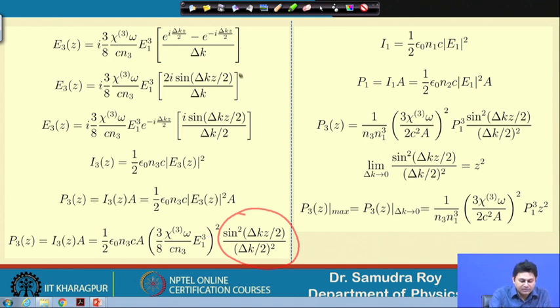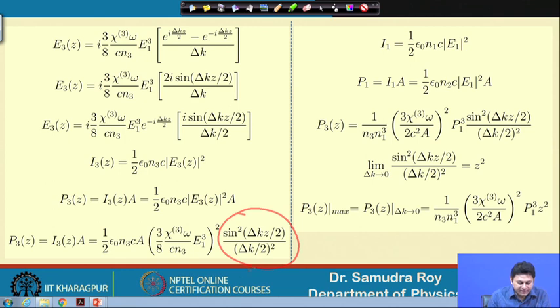This calculation is quite straightforward and I am not going to give you all the detail, because all the steps are here. When you do this calculation by yourself, you can readily understand how this is happening, how this sine term is coming, this small manipulation is there. So, this is a very old calculation that I am basically using.